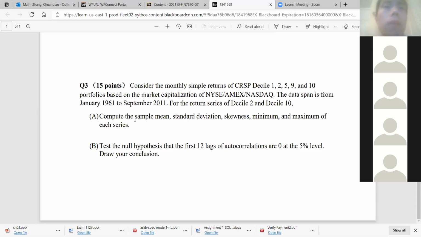So the key part is that you need to read the data into the computer, right? The second thing is to test the null hypothesis that the first 12 lags of autocorrelation are 0 at the 5% level. So the first 12 lags, that means you want to look at lag 0, 1, 2, 3 up to 12, right? You want to check whether they are equal to 0 or not. You want to test the hypothesis.